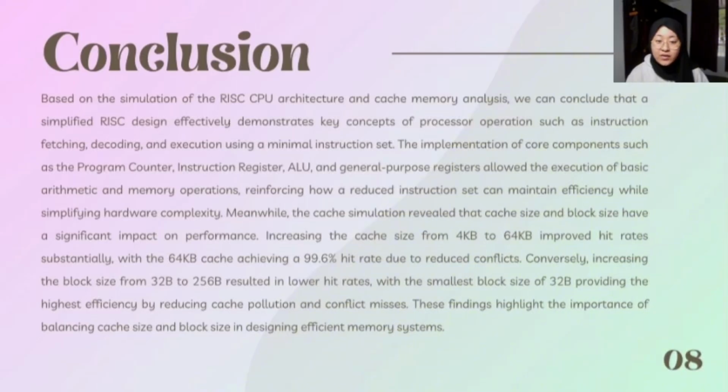Conversely, increasing the block size from 32 bytes to 256 bytes resulted in a lower hit rate, with the smallest block size of 32 bytes providing the highest efficiency by reducing cache pollution and conflict misses. This finding highlights the importance of balancing cache size and block size in designing efficient memory systems.